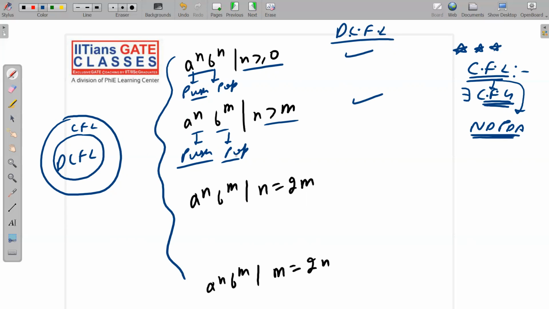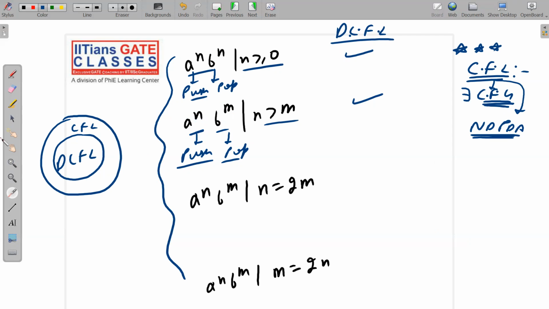A push, B pop, and whenever the string is over, in the stack we should have A. That is the main difference between A power n, B power n, and A power n, B power m. In A power n, B power n, whenever the string is over, the stack is also empty. But here, whenever the string is over, the stack should not be empty. Stack should contain A's. At least one A should be present in the stack. Then we will say that this is the language.